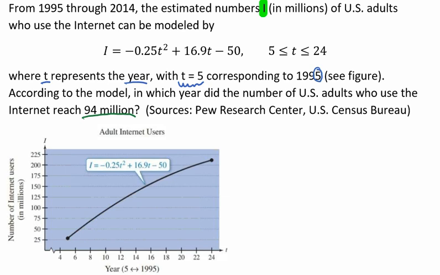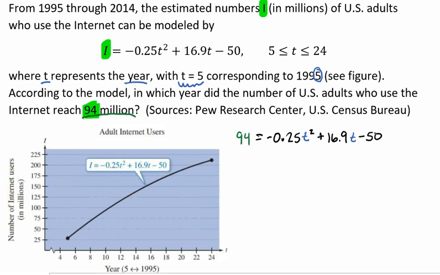Now, to find the year in which the number of internet users reached 94 million, we can solve the equation. So what we'll do is we'll just take our I value, that 94 million, and we'll plug that in. So we'll have 94 equals negative 0.25 t squared plus 16.9 t minus 50.